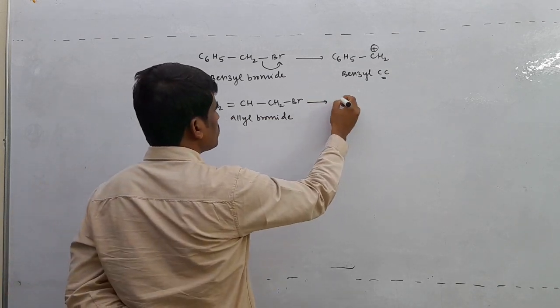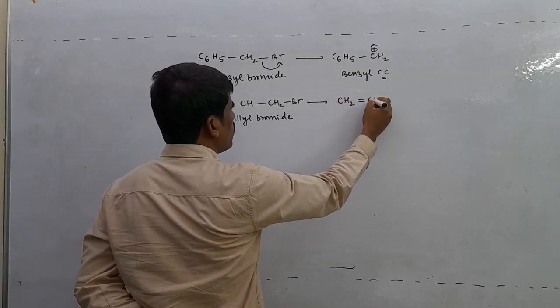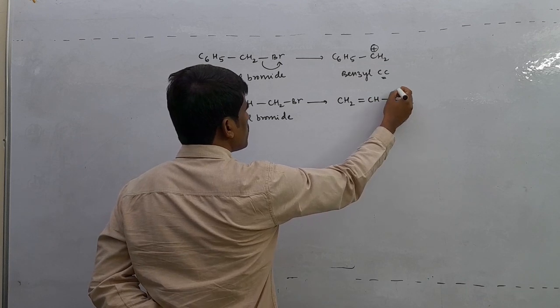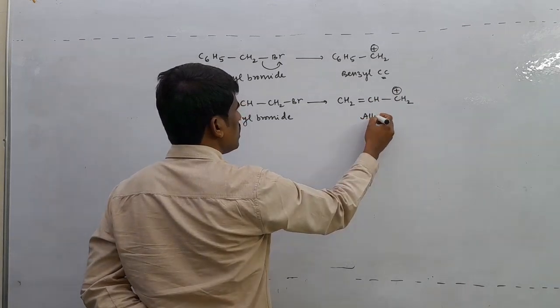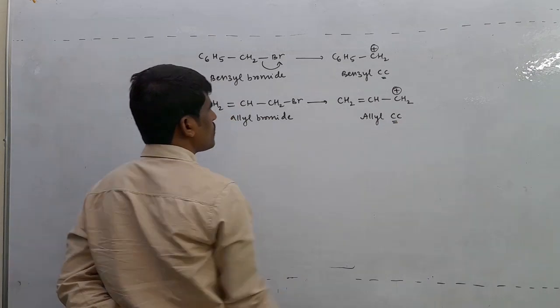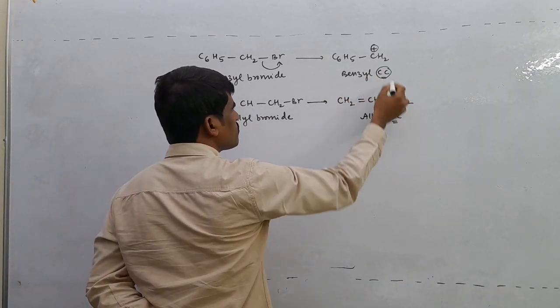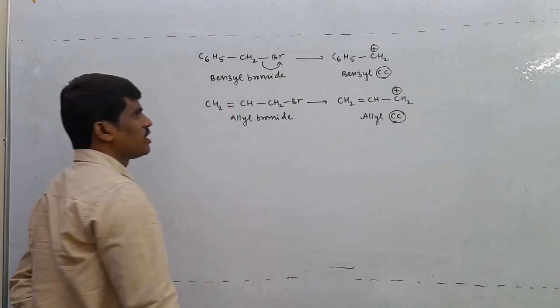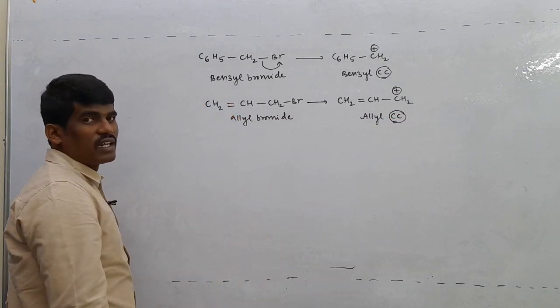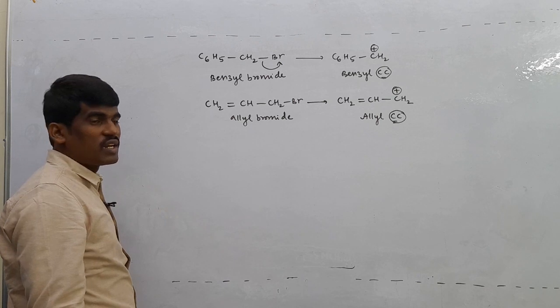And then CH2=CH-CH2+, which is the allyl carbocation. Allyl carbocation is also stabilized by equivalent resonating structures, ERS.